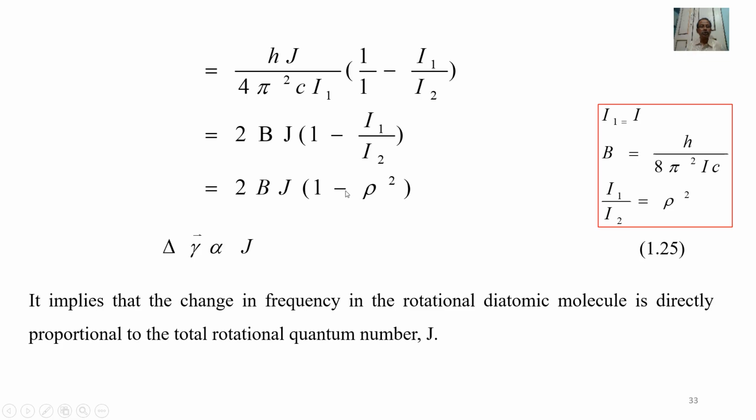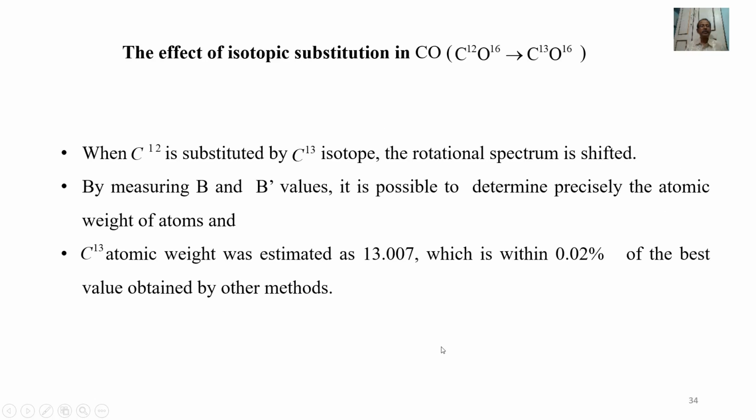So this can be written as 2BJ times 1 minus rho squared. So delta nu bar is directly proportional to J. It implies that the change in wave number in the rotational diatomic molecule is directly proportional to the rotational quantum number J.